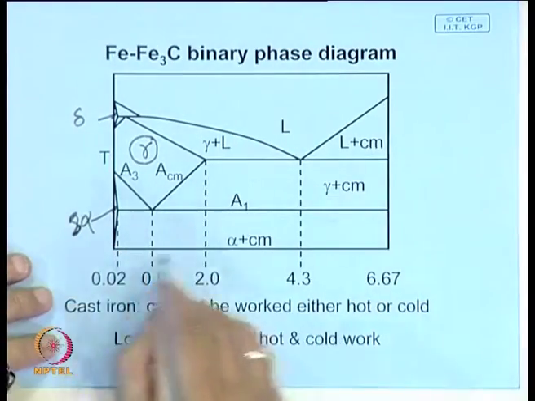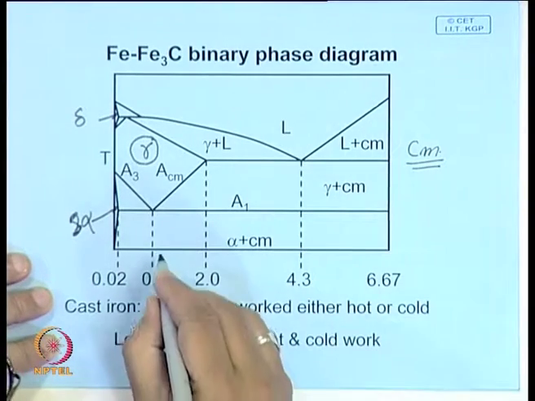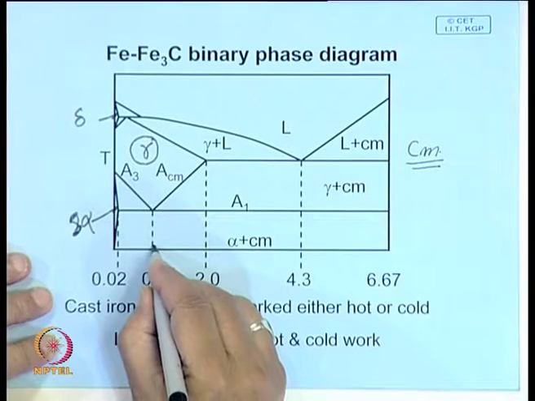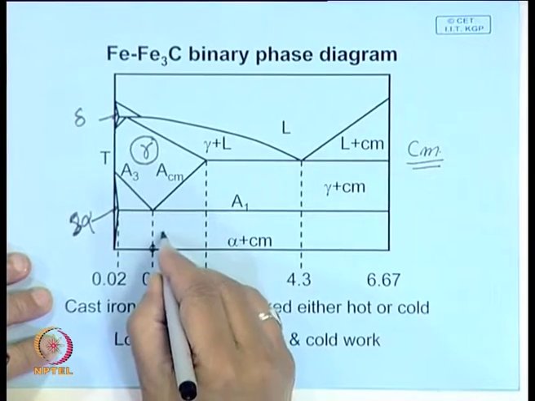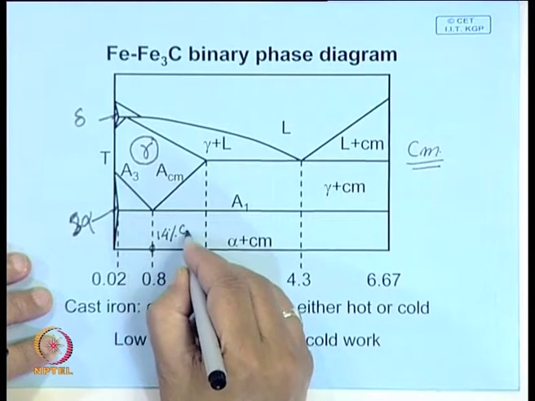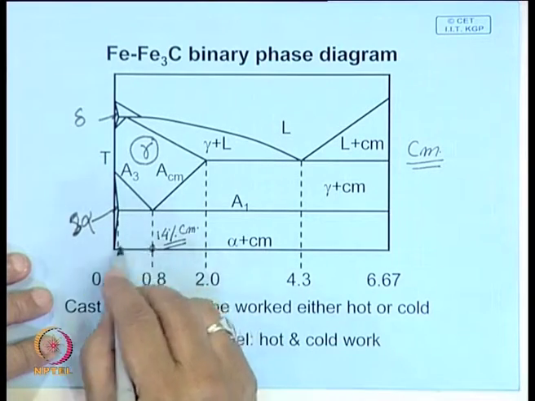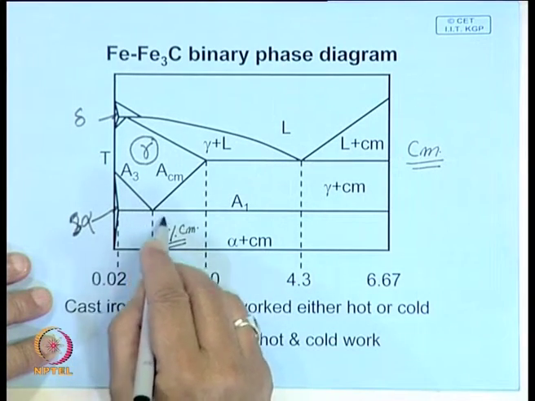Now cementite is very hard. Up to 0.8% carbon you have around 14% cementite, so about 1:7 ratio in the microstructure.